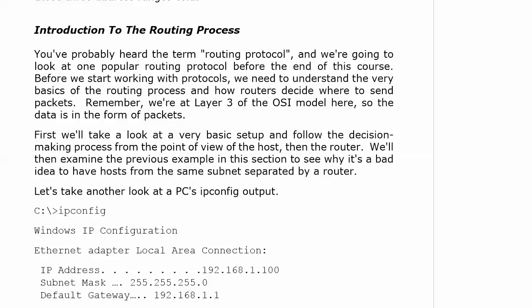Now, first, we're going to take a look at a very basic setup and then follow the decision-making process from the point of view of the host and then the router. And then, once we're done there, we're going to revisit the example we saw earlier and see why it's a bad idea to have hosts from the same subnet separated by a router.